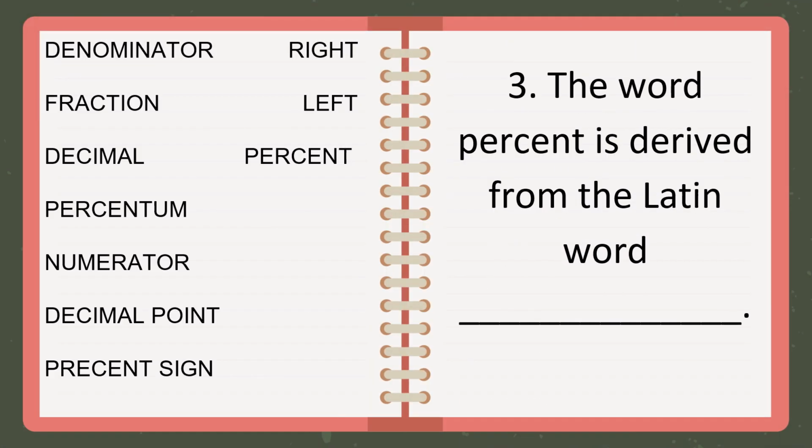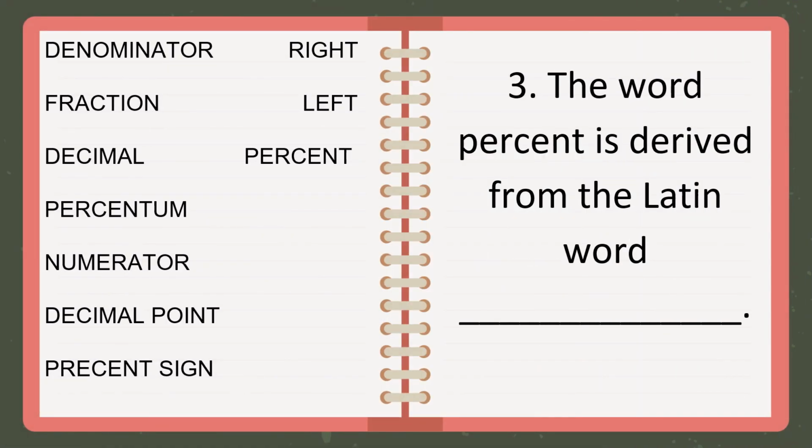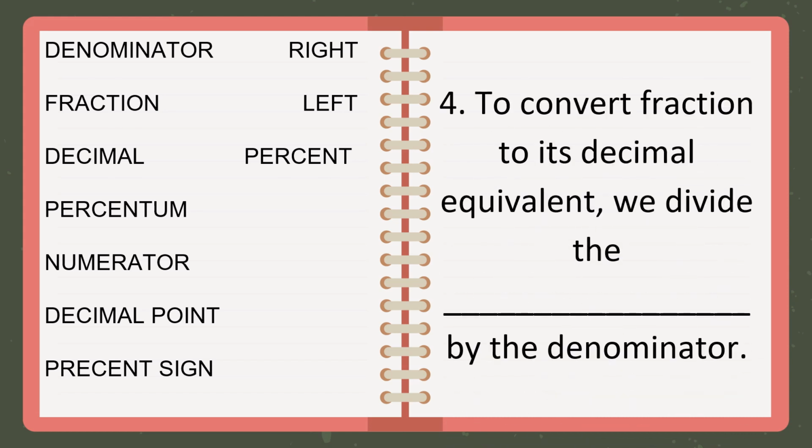Number 3. The word percent is derived from the Latin word blank. Number 4. To convert fraction to its decimal equivalent, we divide the blank by the denominator.